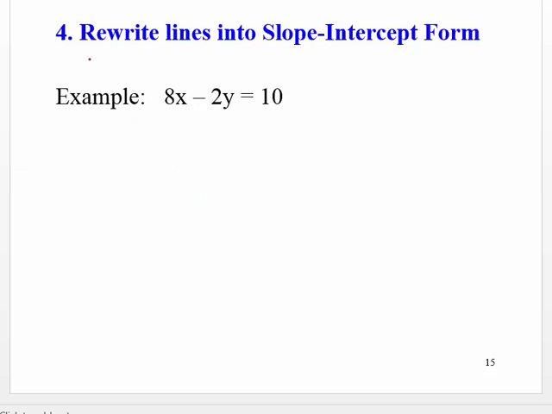The fourth thing is to rewrite lines into slope-intercept form. If we start with this, we can write it in slope-intercept form by basically solving for y. So we can subtract 8x from both sides.